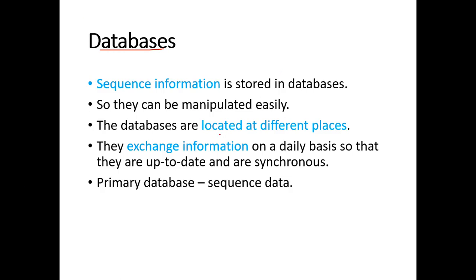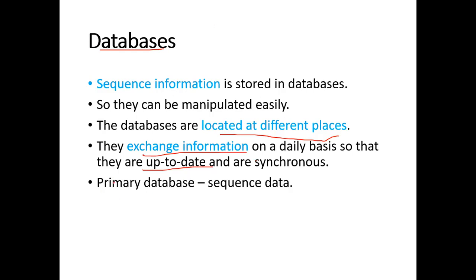These databases are located at different places, as I told you, in America, mainly in the UK, like rich countries. And they exchange information on a daily basis so that they are up to date. If they have a new sequence, they give it to the other databases as well.